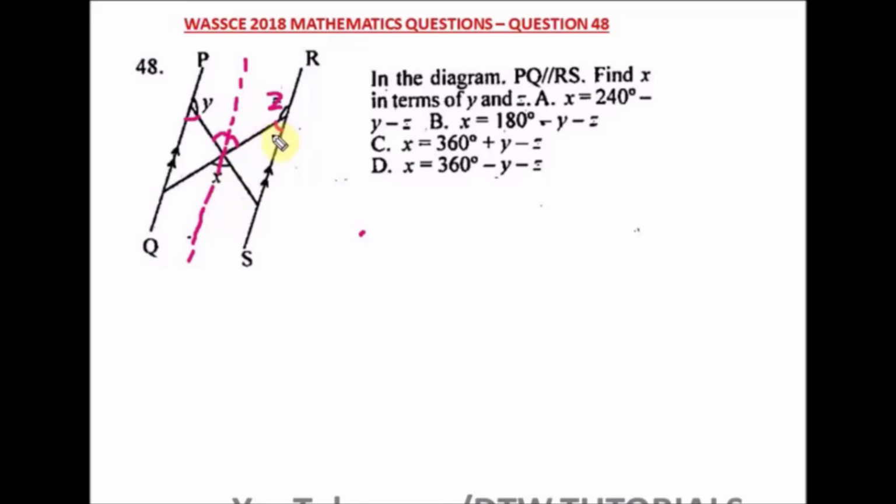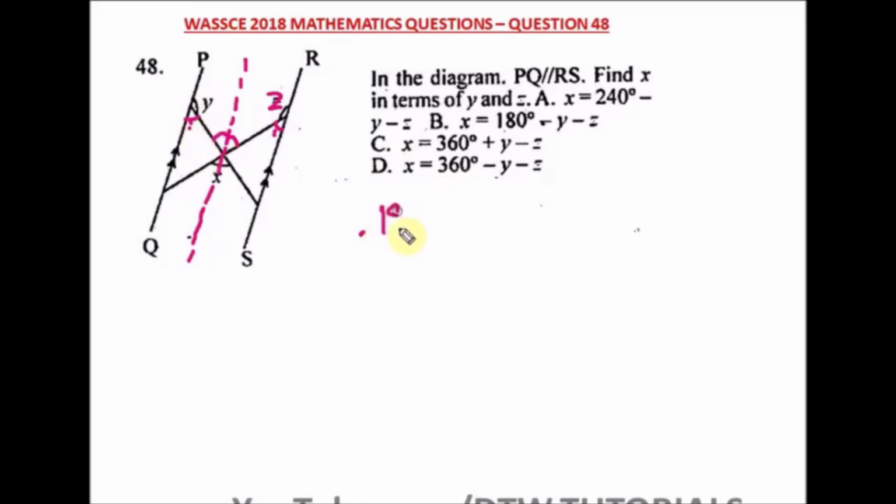So what do we need to do? We need to find this angle here, and we need to find this angle here, and sum them together to get x. To get this angle here, remember angles on a straight line is equal to 180 degrees. So z plus this angle is equal to 180, or we can say 180 minus z will give us this angle, and also 180 minus y will give us this angle.